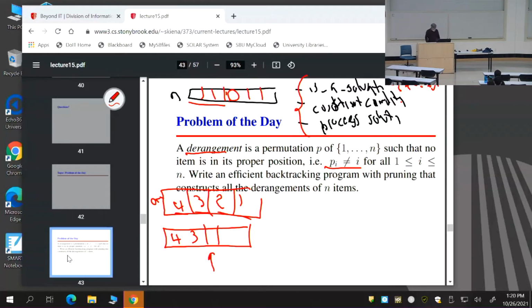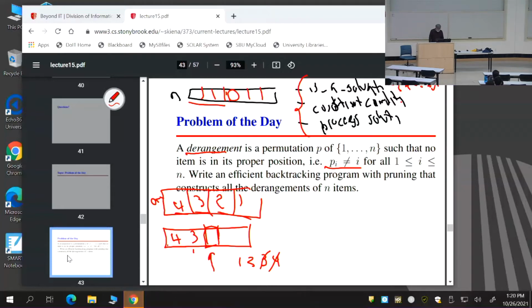Okay, so what you're saying is the candidates here are going to be the numbers 1, 2, 3, 4, except for any one that has appeared before, which is what we did before for permutations, right?